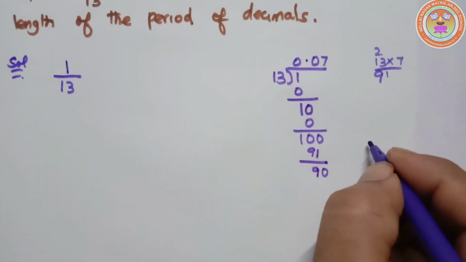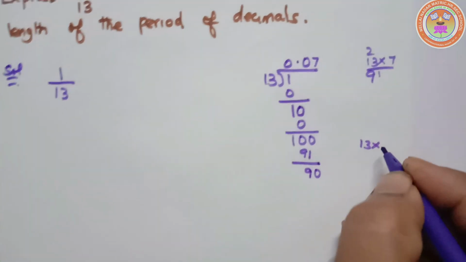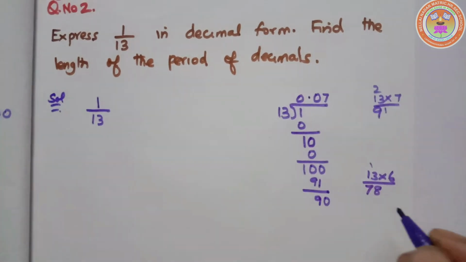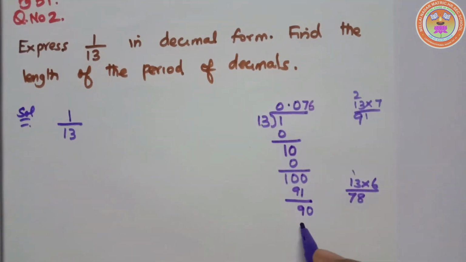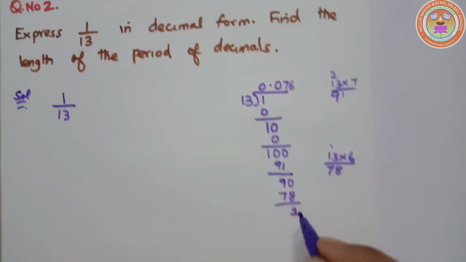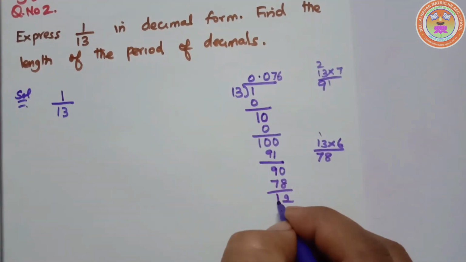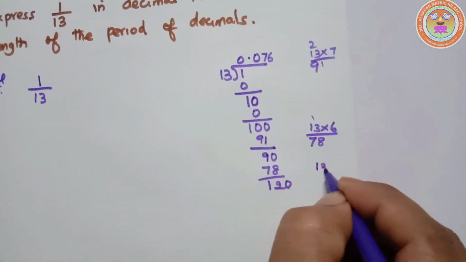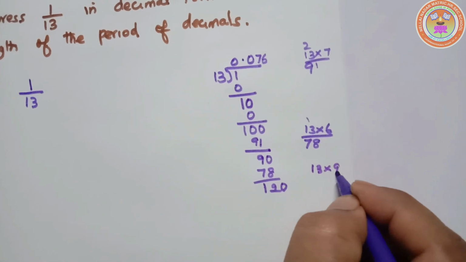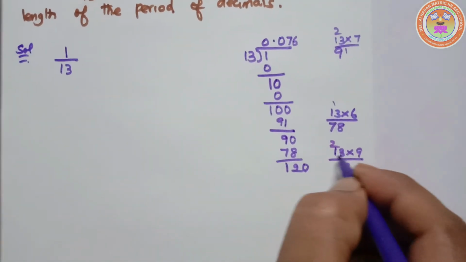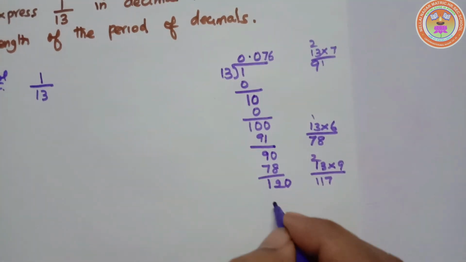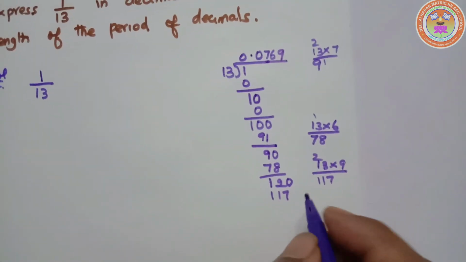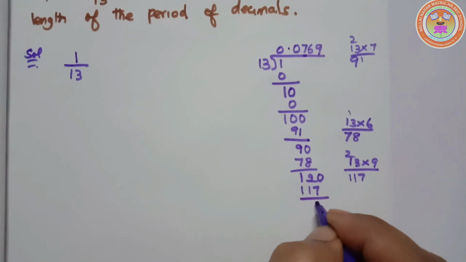Right? Again, how many times 13 in 90? 13 sixes are 78. Balance 12. Take 0. Now 120. How many times 13? 13 nines are 117. 120 minus 117, you get 3.